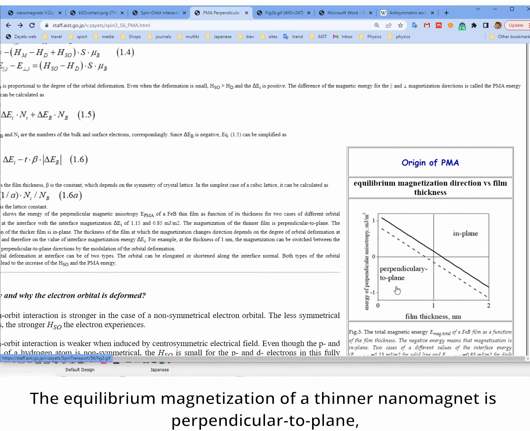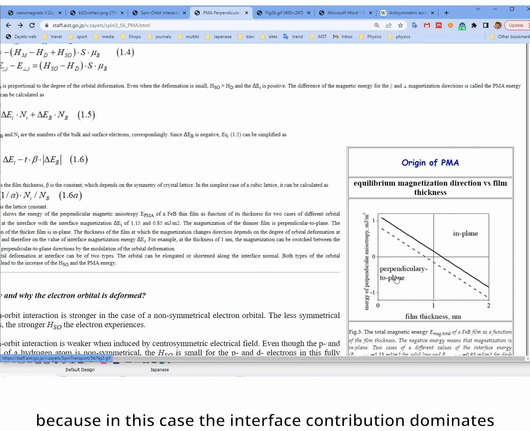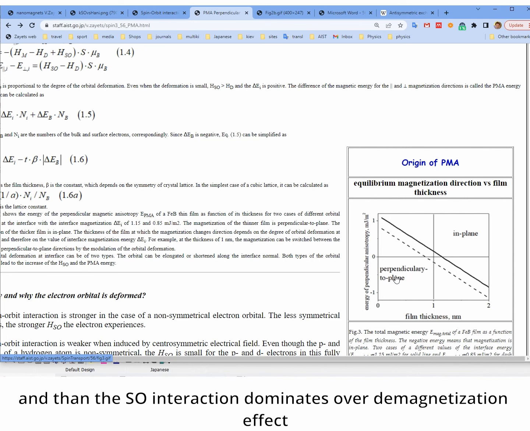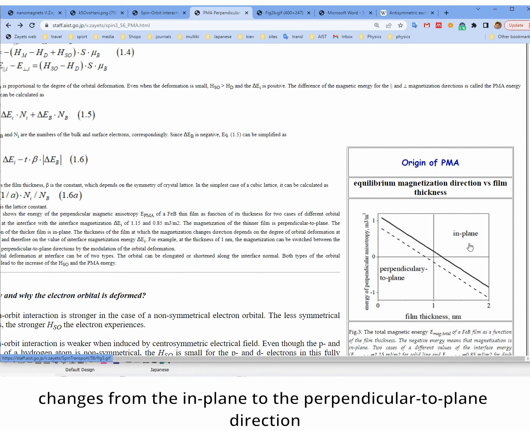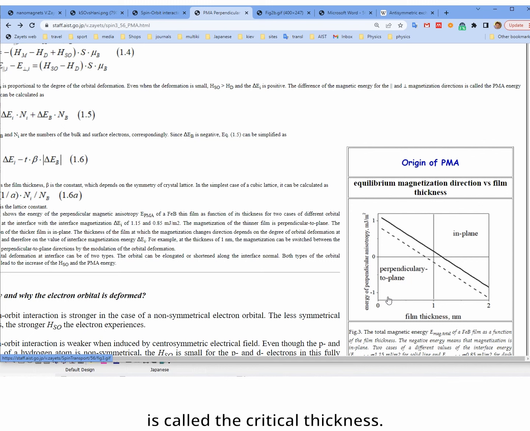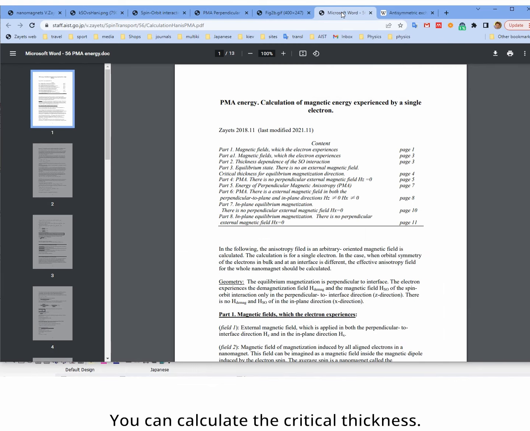The equilibrium magnetization of a thinner nanomagnet is perpendicular to plane, because in this case the interface contribution dominates and the spin-orbit interaction dominates over the demagnetization effect. The thickness at which the direction of equilibrium magnetization changes from in plane to perpendicular to plane is called the critical thickness.